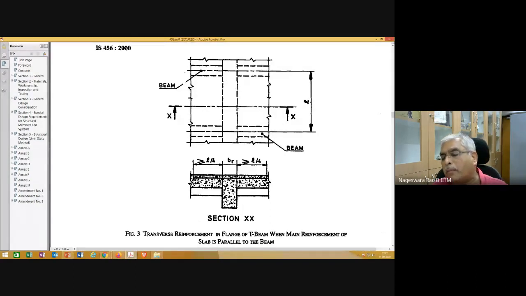Usually the bending moment is maximum at the mid-span, which is why the corresponding amount of steel is taken. Whatever quantity of main reinforcement you provide in the mid-span, the transverse reinforcement should be at least 60% of that. Under these conditions, we can assume the slab and beam act integrally.